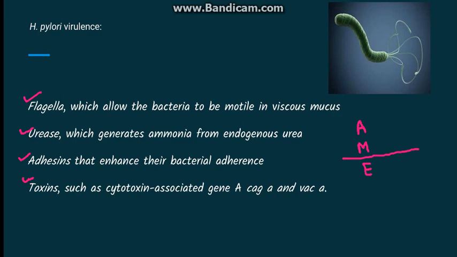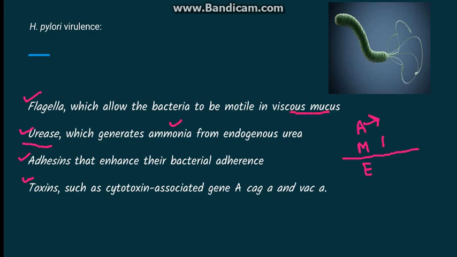Now the urease enzyme which is secreted by the bacteria converts the urea into ammonia and carbon dioxide. This ammonia is highly alkaline and is responsible for balancing the acidity of the stomach, and the flagella allow the bacteria to be motile in the viscous mucus.